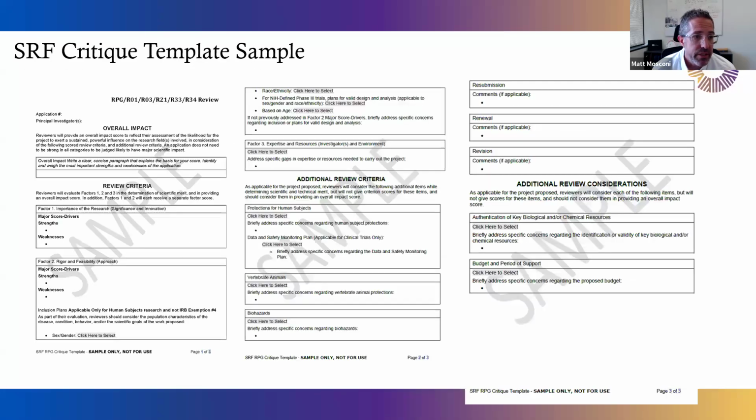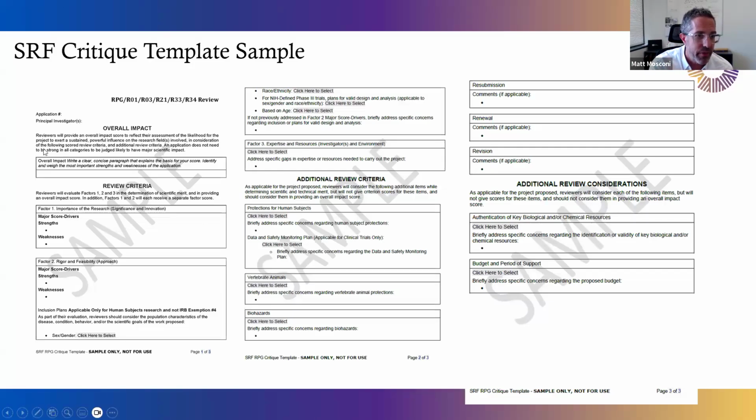All right, so this is the template. This is what all 3 reviewers who do a close read of your proposal will be completing. And so a couple of key areas to highlight here. At the upper section, Nikki, if you just scroll the mouse over that overall impact section, right?